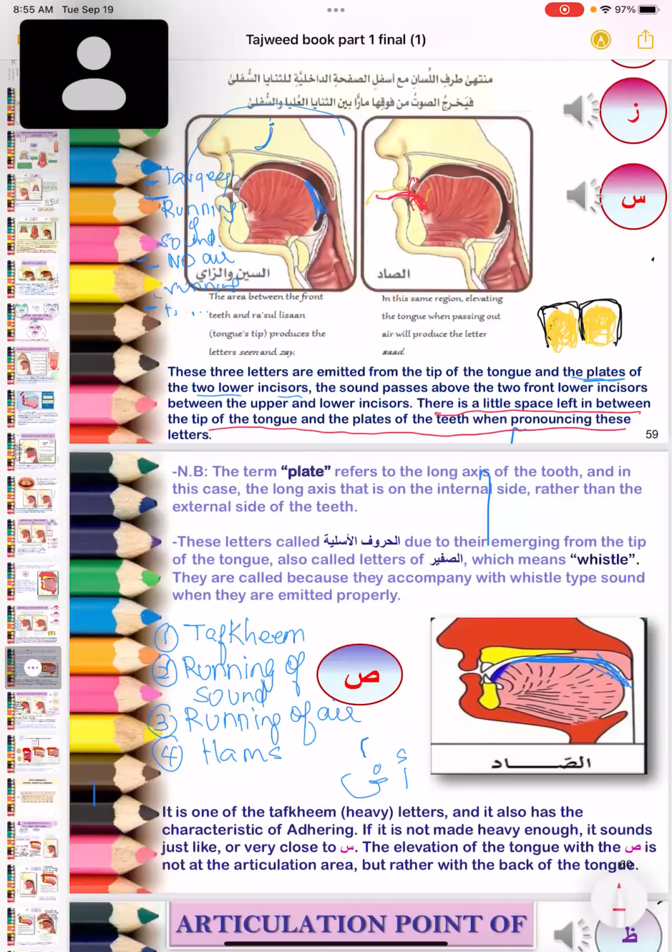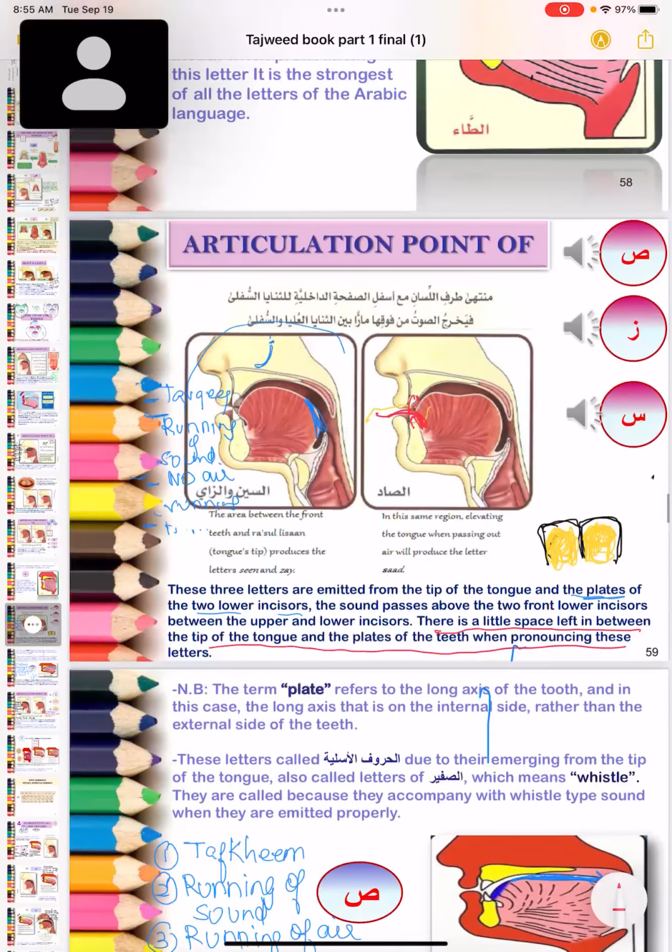Okay, so keep in mind the back of the tongue is raised up all the way to the roof of the mouth. The sound is heavy, the sound runs, and along with the sound, there is air. Okay, now let's look at the letters seen and zai.